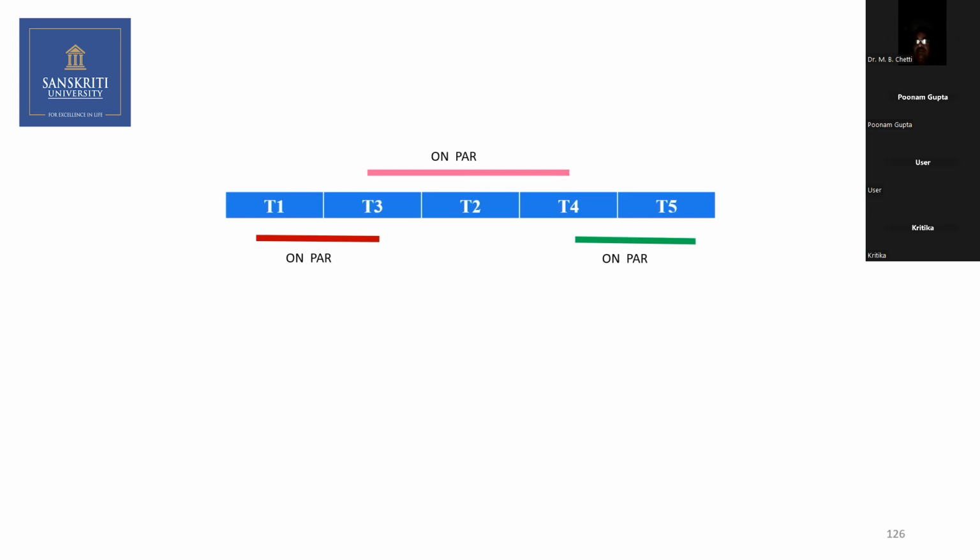Similarly, T1 and T3 are on par with each other. There is no difference statistically. That doesn't mean that T1 is equal to T2. T1 is only on par with T3, whereas T3 is on par with T1, T2 and T4 also. And if you take T5, it is on par with T4.